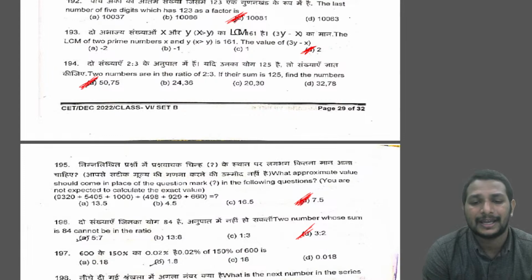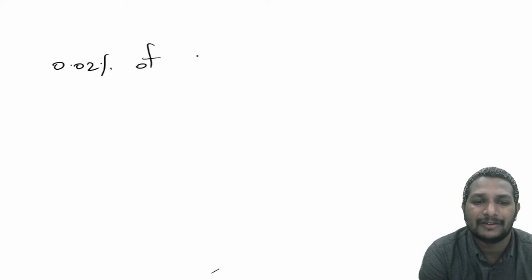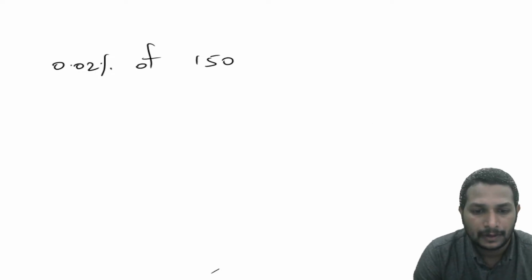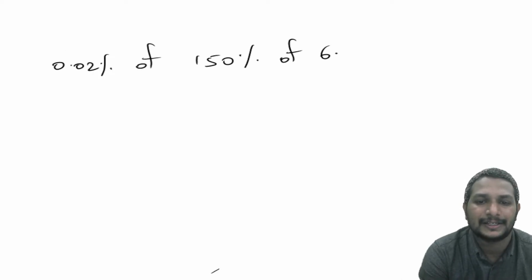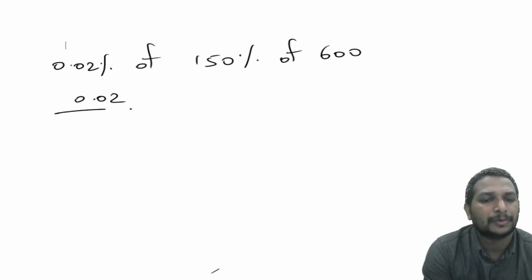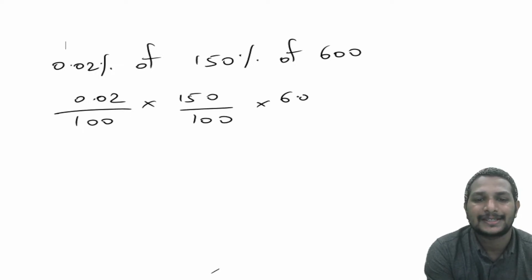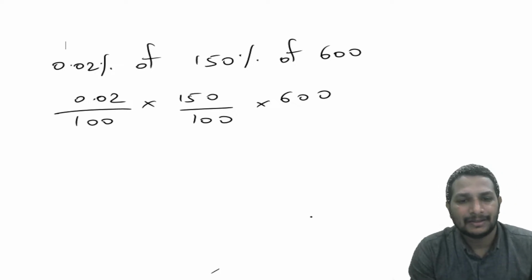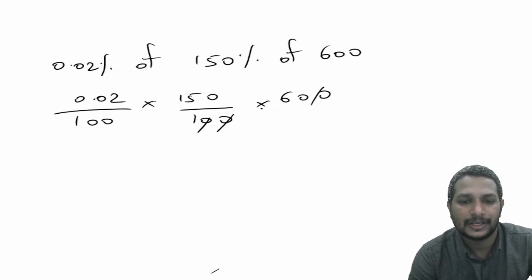Just be careful with that. 0.02 percent of 600. 0.02 percentage means 0.02 by 100, times 600. As they gave the values, we will cancel off the zeros carefully.